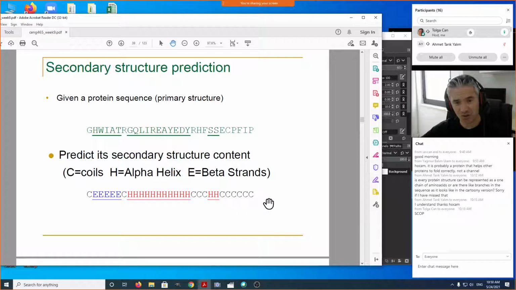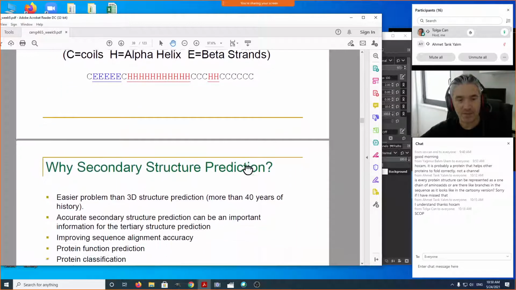Also, this is a really short chain. A beta strand is not going to form on its own if there is no other beta strand somewhere else in the sequence, because beta sheets need at least two strands.